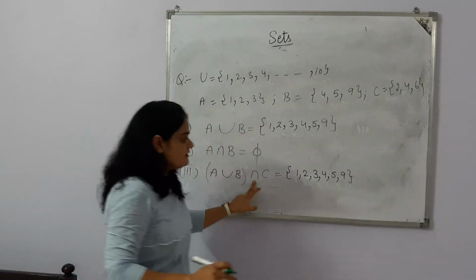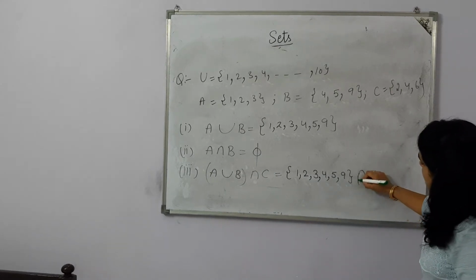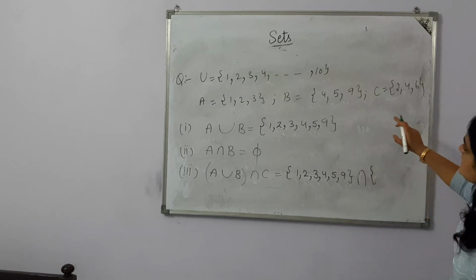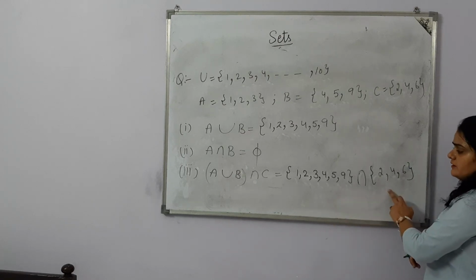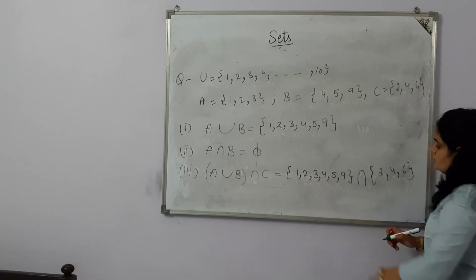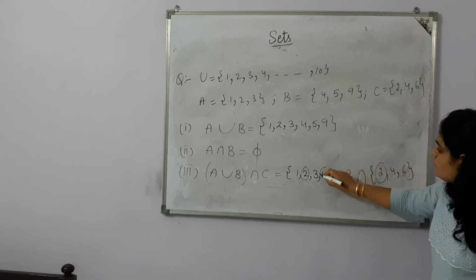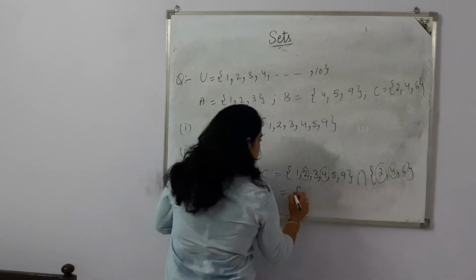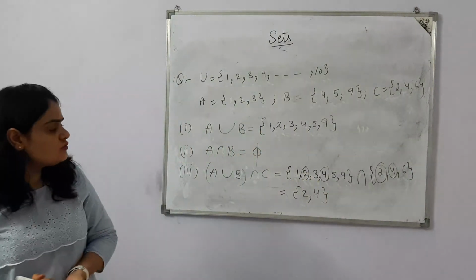And its intersection with C. What is C? 2, 4, 6. So what are the common elements? 2 is the common element. Then 4 is the common element. So its answer is 2, 4. Hope the parts are clear. Let's do one more question.